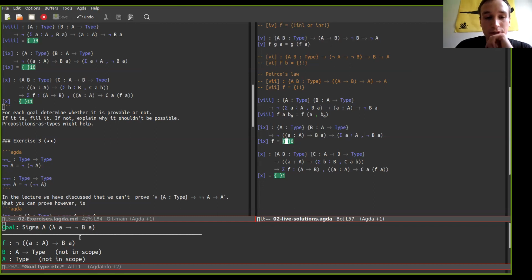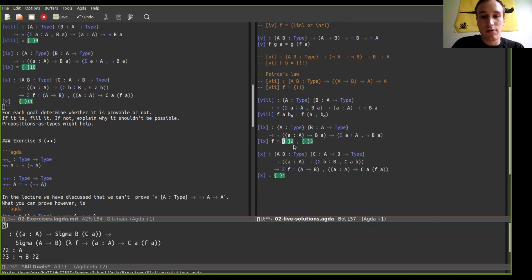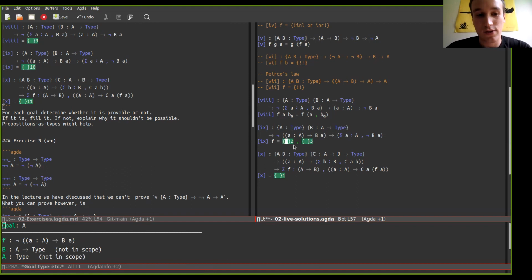And then we have to give something of the sigma type. So we have actually two things to provide. First, something of type A, and then something of type not B of whatever we put in for the first component. And already the problem starts here. How are you getting something of type A from only your F?